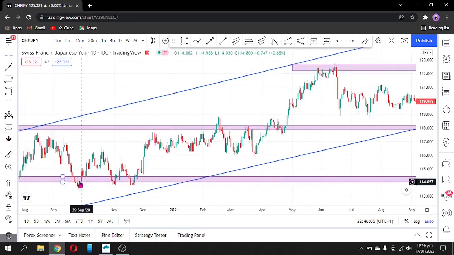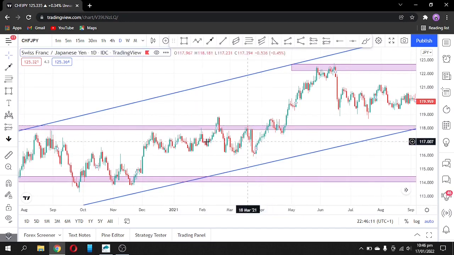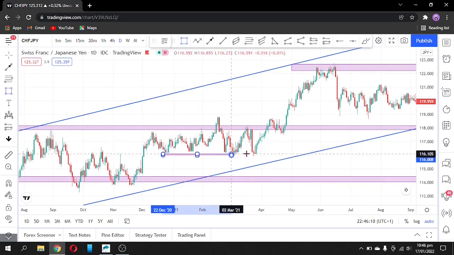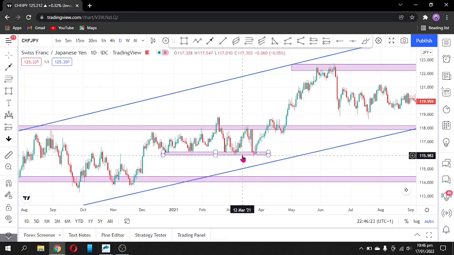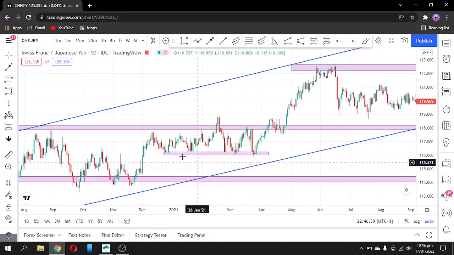At this support level, price respected this support, pushed back again, and then we have another support level here, and you can see that at this support level we have reversal candlestick chart patterns. We have the dojis, we have the hammer, and the shooting stars and spinning tops here at this support level.